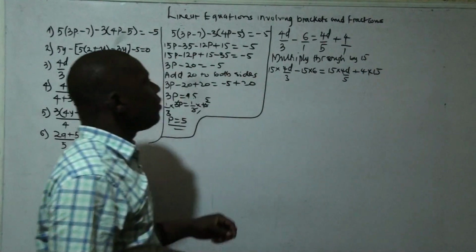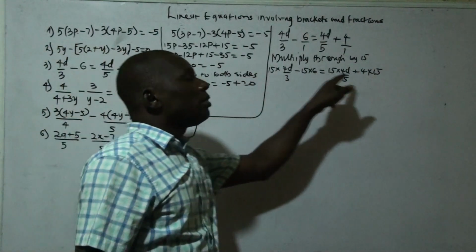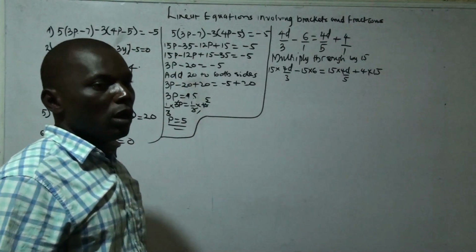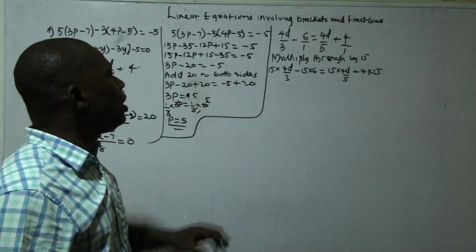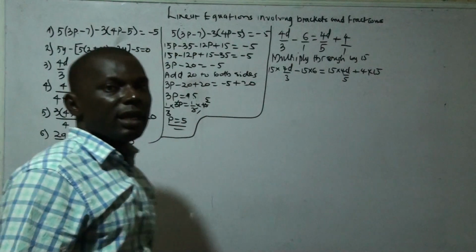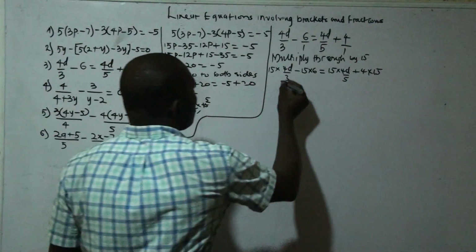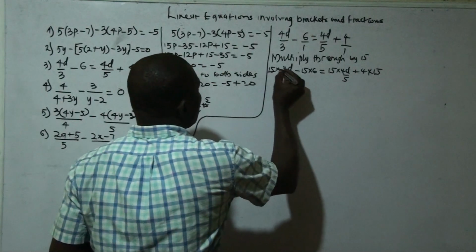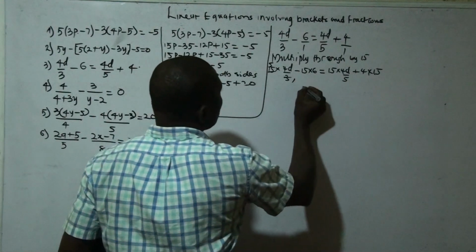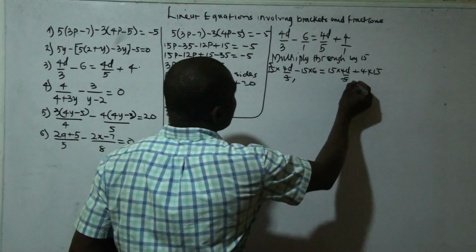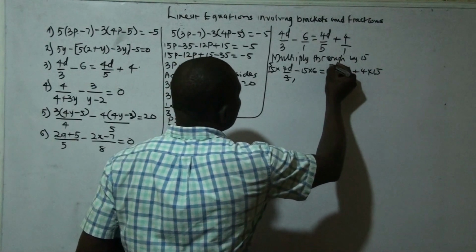We are using the LCM to multiply through just because we want to clear the fractions. That is the essence. You must clear the fractions first. So here 3 into 15 is 5, and this one gives us 3.